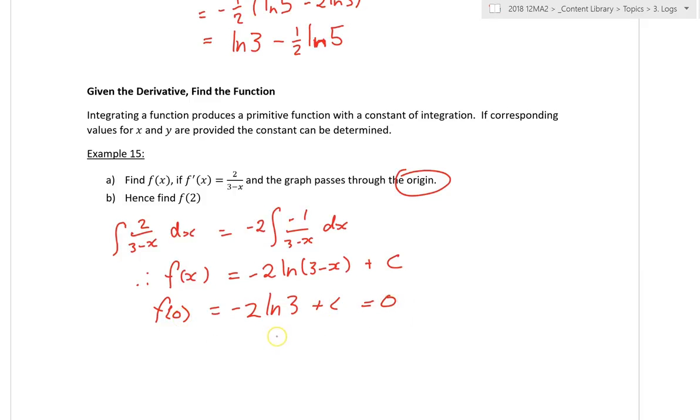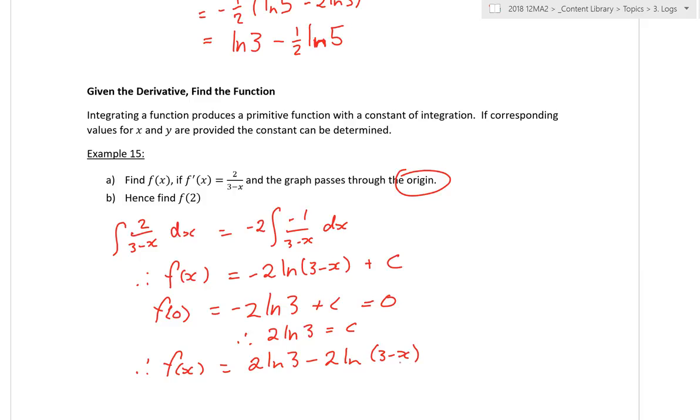Now I can solve this, and I get 2 times the log of 3 equals constant. My constant is 2 log 3. Therefore, my function is 2 log 3. Again, I'm sort of writing back to front, so we get a positive 2 log 3 minus 2 log of 3 minus x. Right, so there's my function.